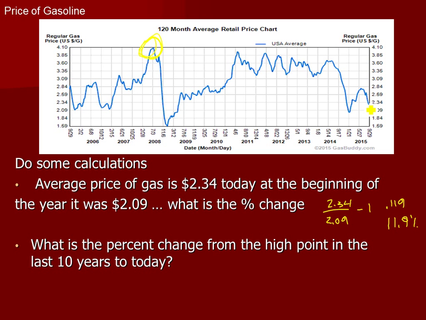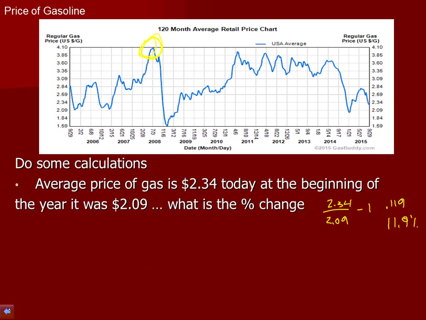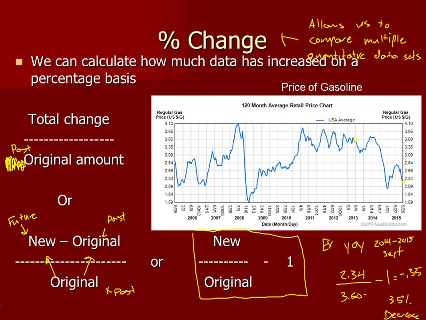Think about the past versus the future. If new and original confuses you, think about the past and the future. This is the future. This is the past. Or this is the present and this is the past.